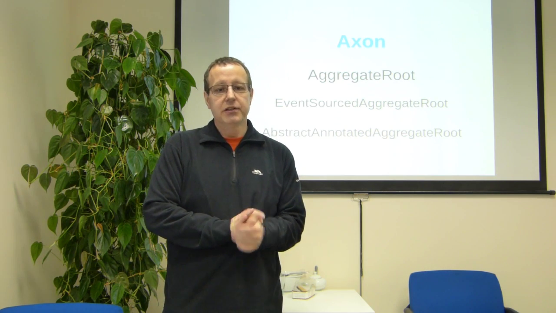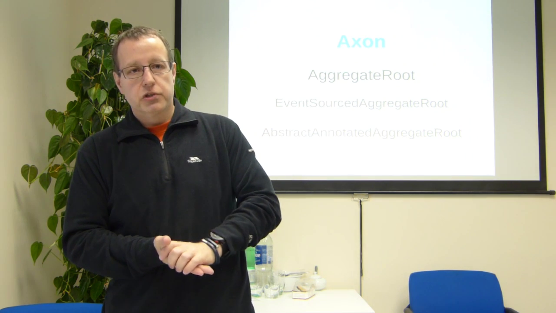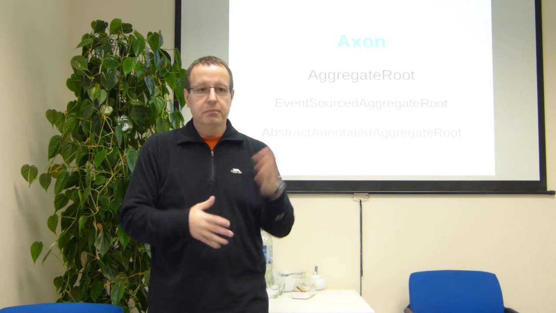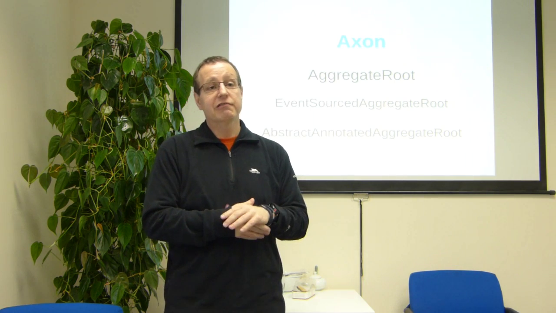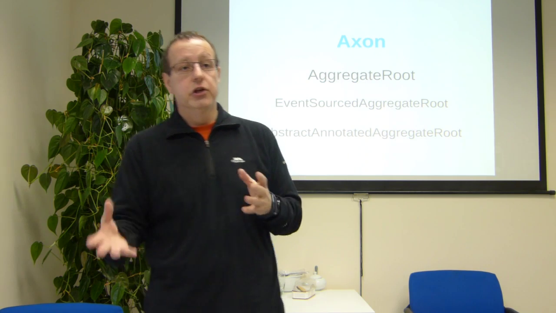Then to actually implement it, you have to implement or extend the aggregate root interface, I think it is. There's a couple of interfaces. So there's an event-sourced aggregate root for any aggregate that is actually going to be event-sourced. You don't have to use event sourcing.